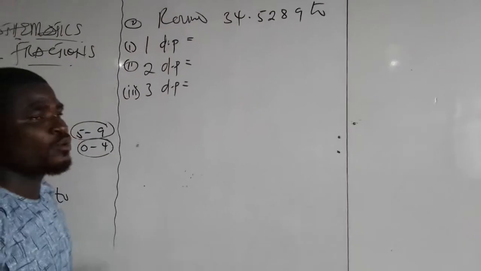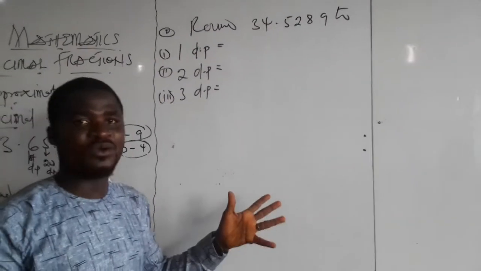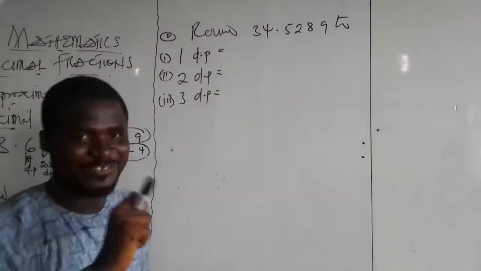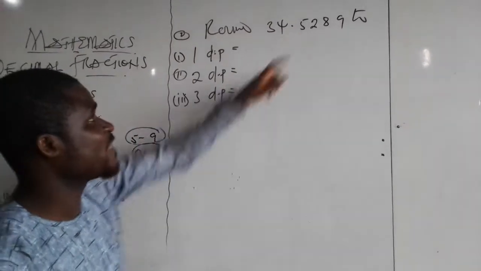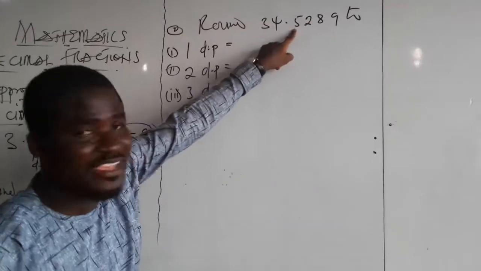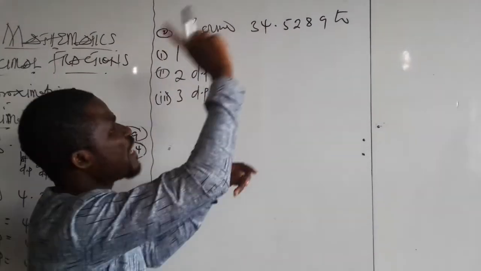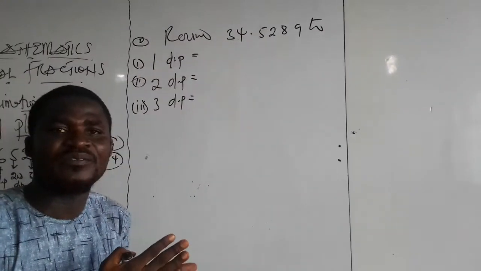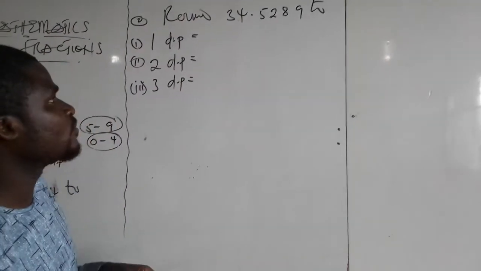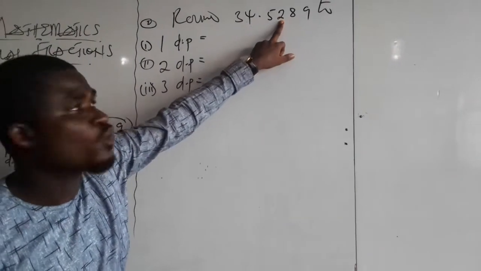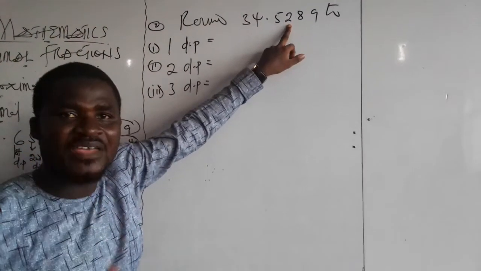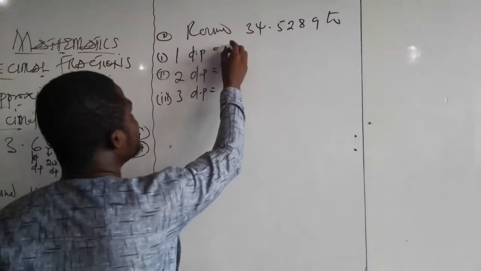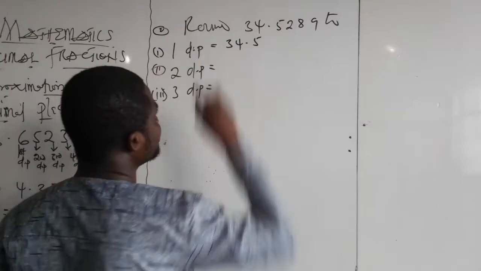What's your first decimal place? Good, you've done it. It's 5. My first decimal place is 5. Now, look at the next number. Is it 5 upwards? It is 2. Because it is 2, it is less than 5. So I will not add anything to the 5. So my first decimal place will be 34.5.